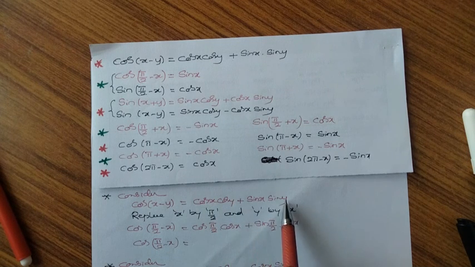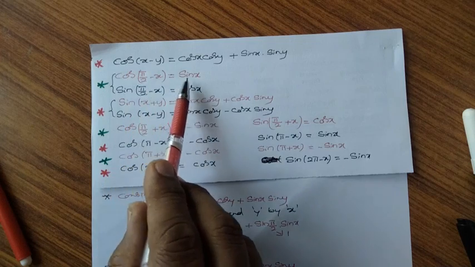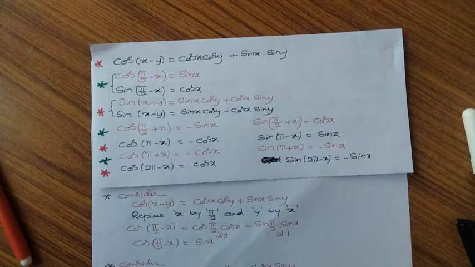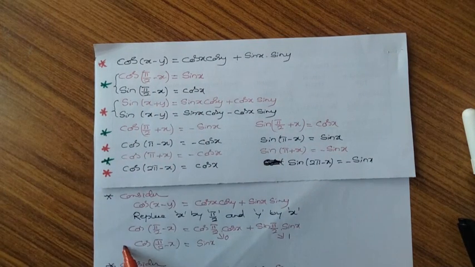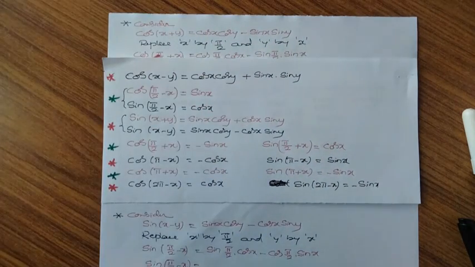Cos pi by 2 cos x plus sin pi by 2 sin x. Then again sin 90 is 1, cos 90 is 0. 0 into cos x is 0. Sin 90 is 1, 1 into sin x is sin x. So thus we obtained that cos of 90 minus x equals sin x. This is one more result. Next let us move to the next one.